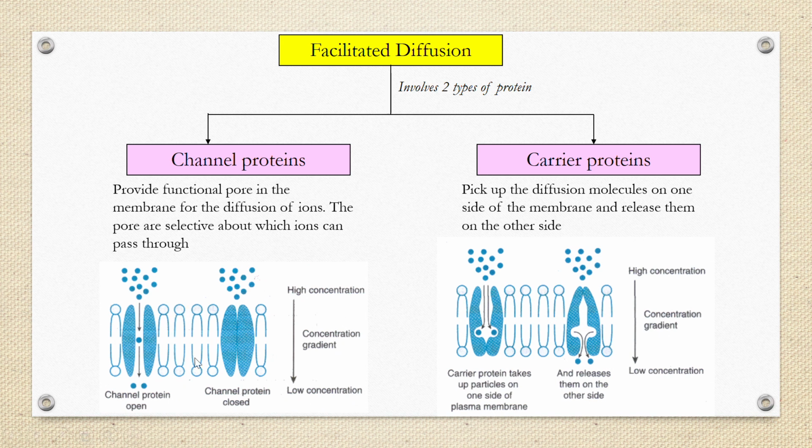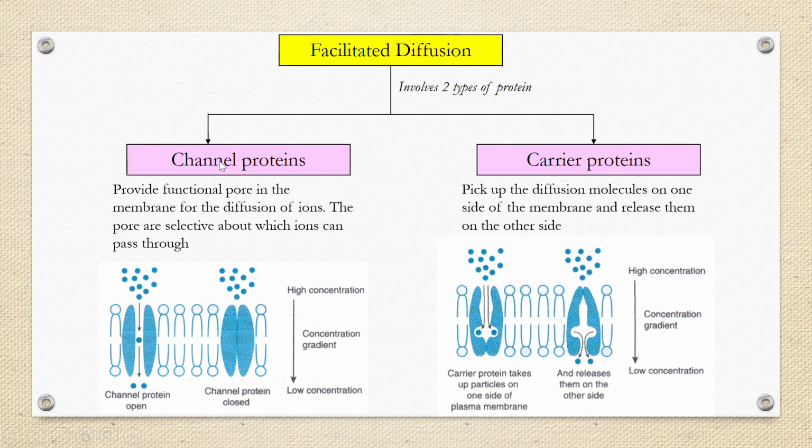Other than phospholipids, you have the proteins, right? The embedded proteins are of two types: either channel proteins or carrier proteins. As long as the transport of substances is aided or facilitated by proteins, then it is categorized under facilitated diffusion.